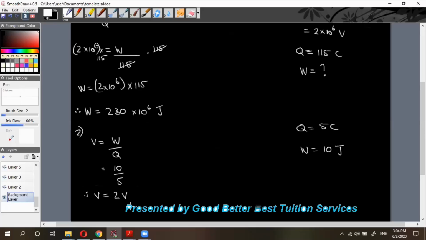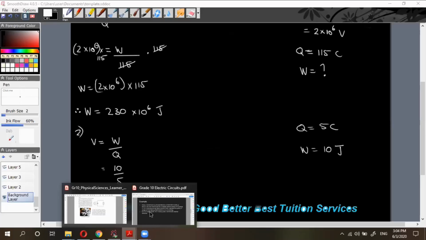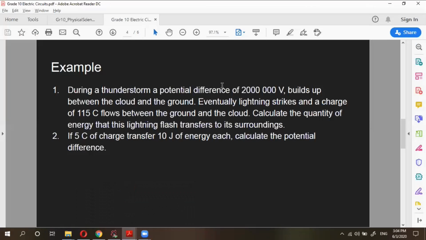So the voltage or potential difference, in later grades you'll also see it changed to P.D., potential difference. So the potential difference or the voltage here is equal to 2 volts. Lovely stuff. Well done, everybody. Right, so what we're going to do now is we're going to move on to current.